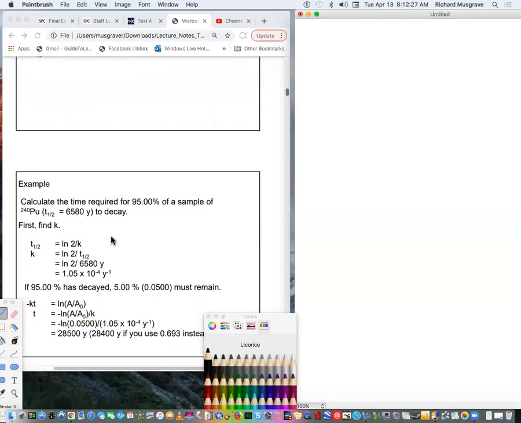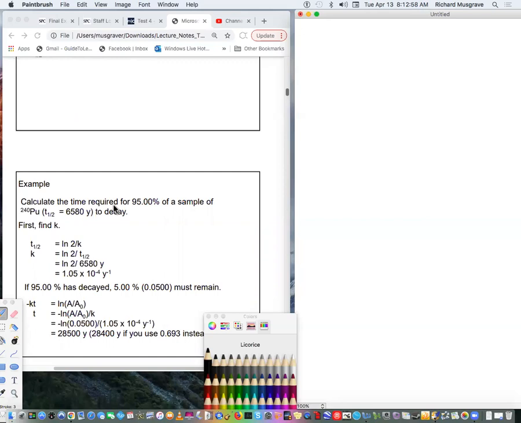So this is a very useful question for us. When we're talking about radioactive waste, for example, it's very important to know how long it's going to take for that radioactive waste to decay. Obviously, the longer the half-life, the longer it's going to take to decay. And we know that radioactive materials are quite dangerous, so we like to know how long it's going to take for them to go away.